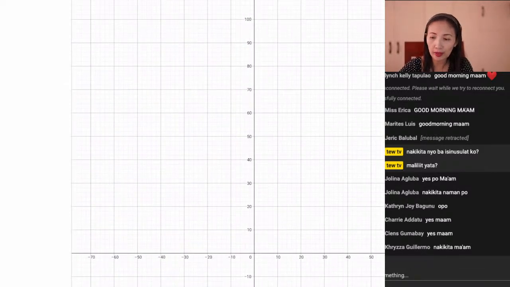Okay, your GeoGebra looks like this. Along the left side, you have the input.